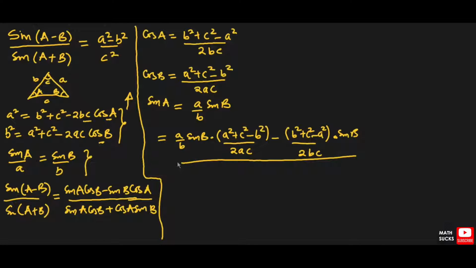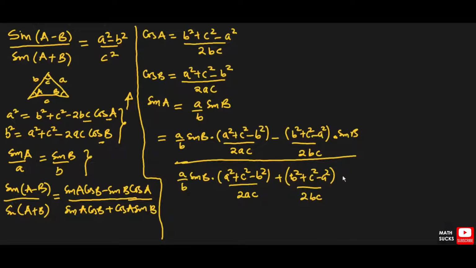So I'm just going to duplicate what is up: A over B sine of B, multiplied by A squared plus C squared minus B squared over 2AC, then plus B squared plus C squared minus A squared, everything over 2bc, then times sine of B.